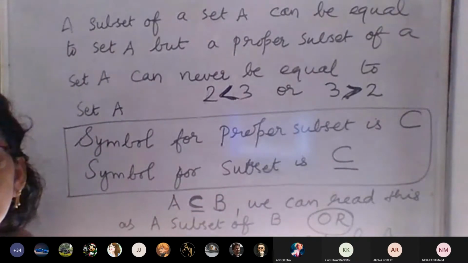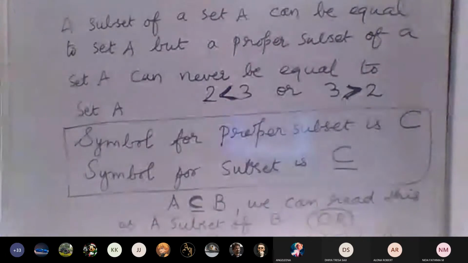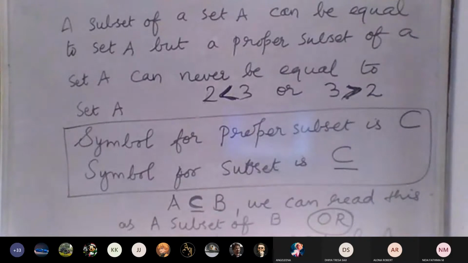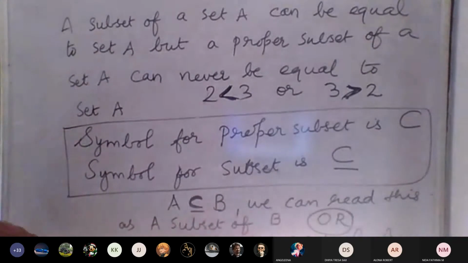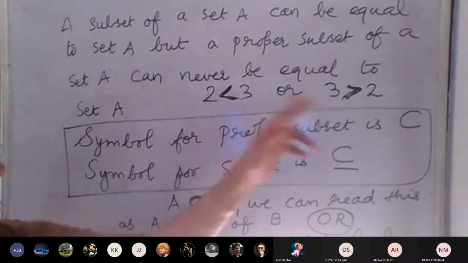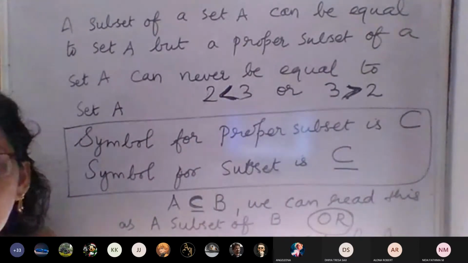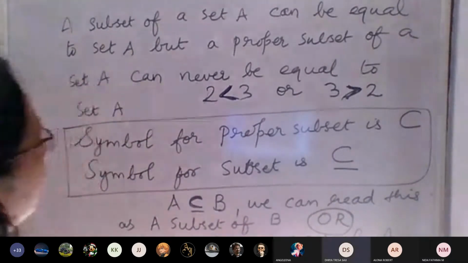B is a superset of A. A subset of B, or B is a superset of A. Same as less than or greater than or equal to. Is it clear? Yes.